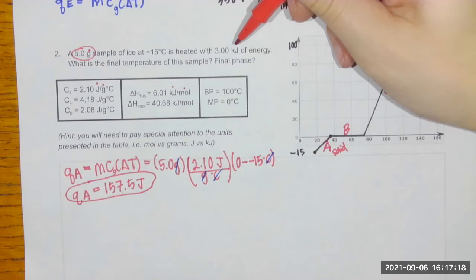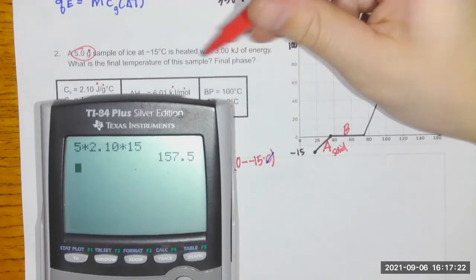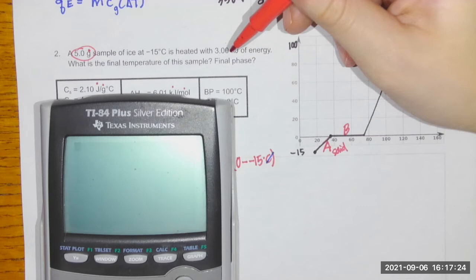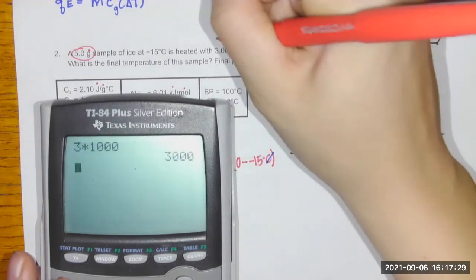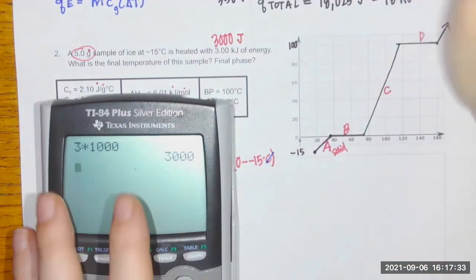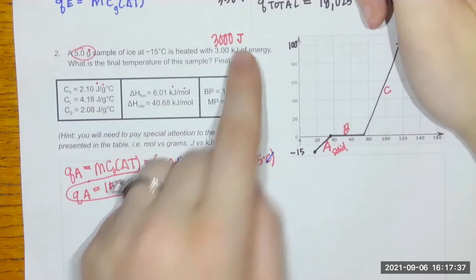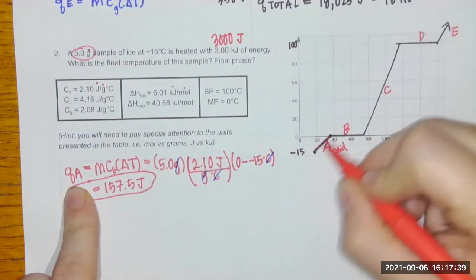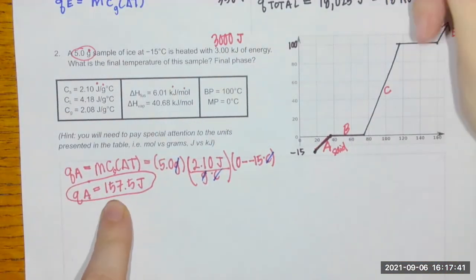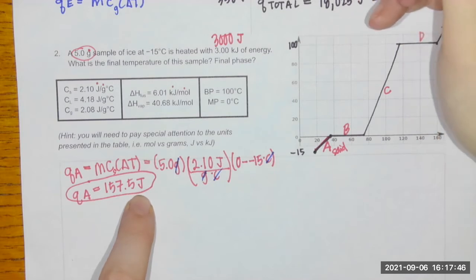3 kilojoules of energy went into the sample, and 3 kilojoules is the same as 3,000 regular joules. So 3,000 joules are getting pumped in, and going up section A required 157.5 of them.